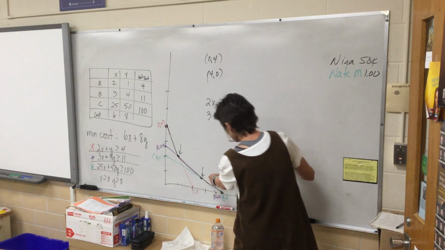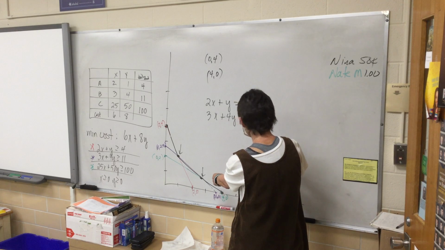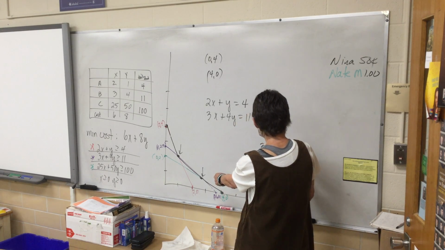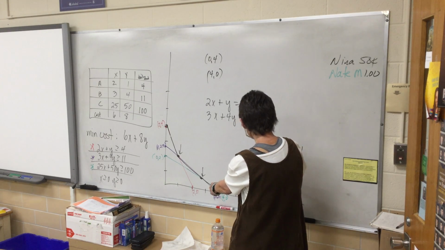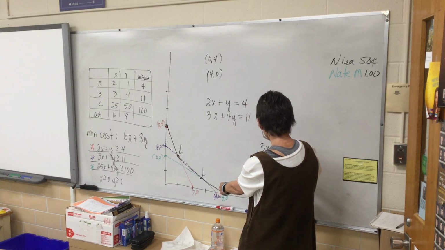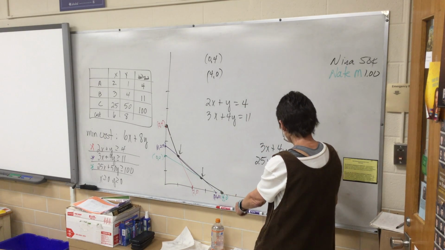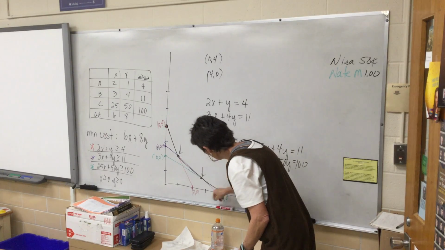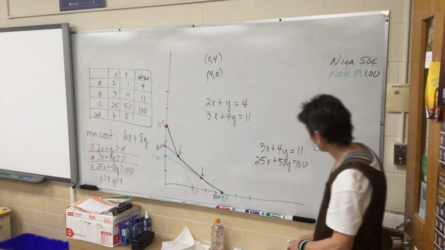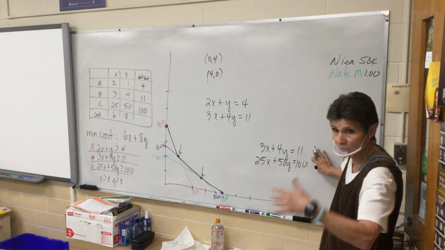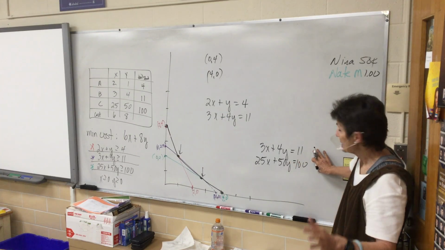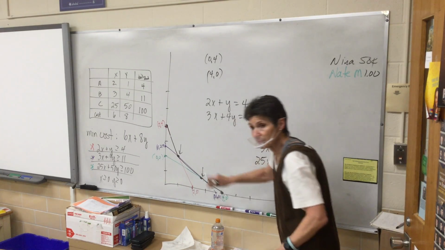This one is the intersection of purple and green. Purple and green are coming together at that point right there. So I'm going to do whatever I do, substitution or whatever, and get that point.